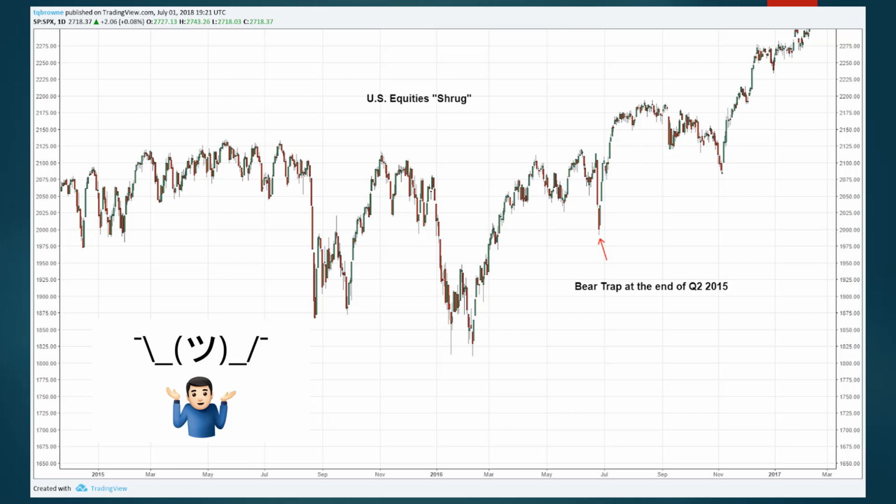And so I put this shrug emoji on here so that you guys can kind of visualize this. But it was essentially a couple of pullbacks. But ultimately, as you can see, what happened to the right there is that it ended in a bear trap. There was a rally that interrupted what would have been the third pullback.